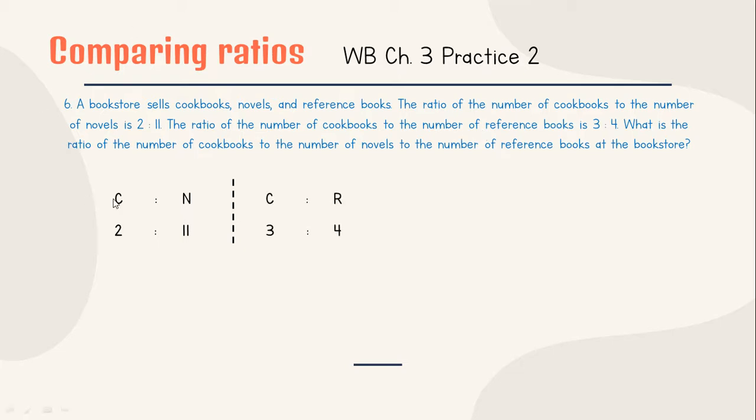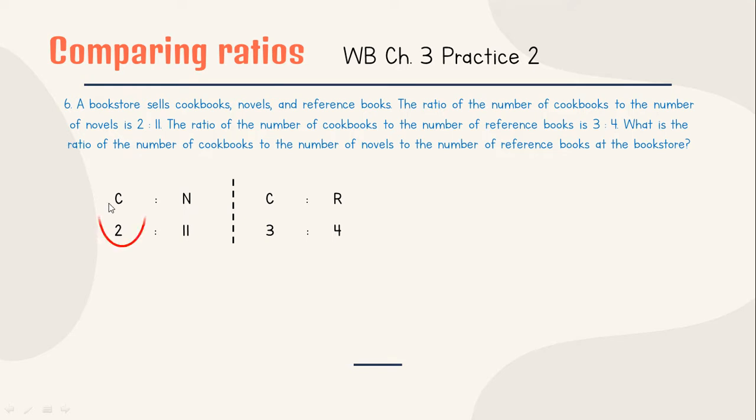Now what we have? Cookbook and cookbook. Cookbook here is 2 and a cookbook here is 3. What are we going to do? Make it the same. How to make it the same? If this is 2, if this is 3, find the common multiples, or in Mathematics you will find it as mencari KPK.